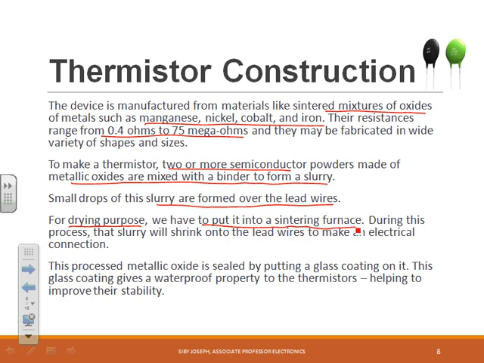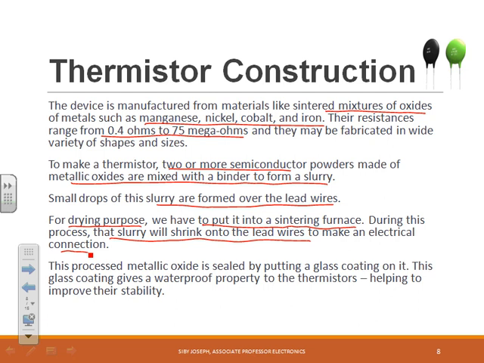During this process, the slurry will shrink onto the lead wires to make an electrical connection. We make the slurry, and the slurry is put into the sintering furnace, where it will melt and shrink onto the leads of the wires to make the electrical connection.